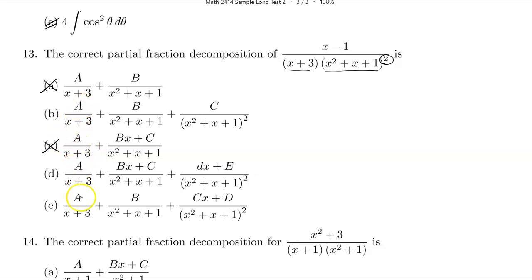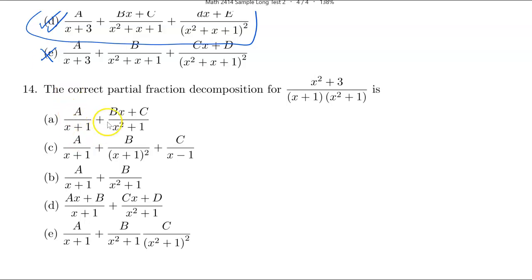So those are all good. But for the denominator here, this one is quadratic. That means the numerator needs to be linear. Here, that is already constant. Both of them are constant, so that's not an answer either. Here is linear, and also here needs to be linear. This one is just constant, right? So that means not an answer as well. So the correct answer is letter D.